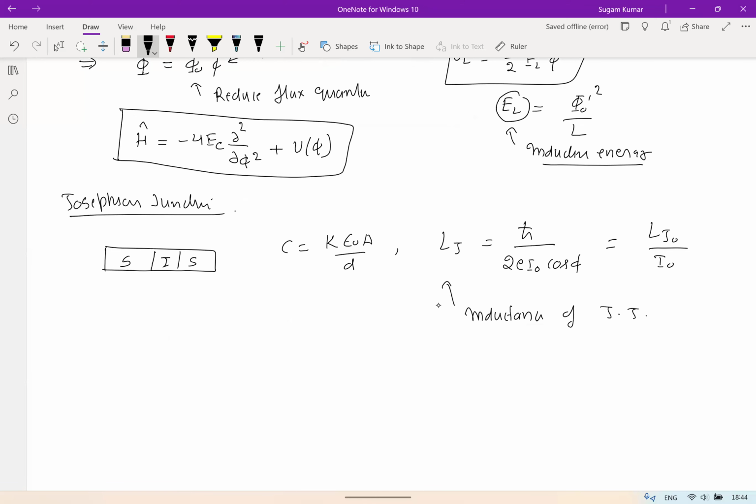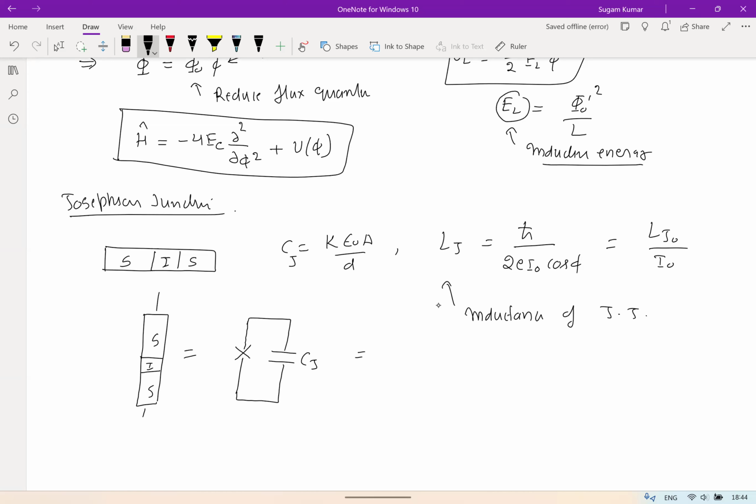So in principle, this whole structure is going to act like one element. Symbolically, I'm going to represent it in this format. This is the capacitance called Cj, and this is the symbol we use.